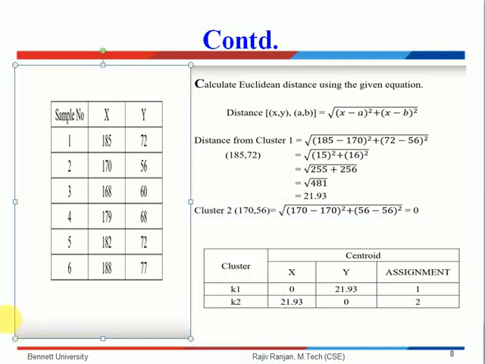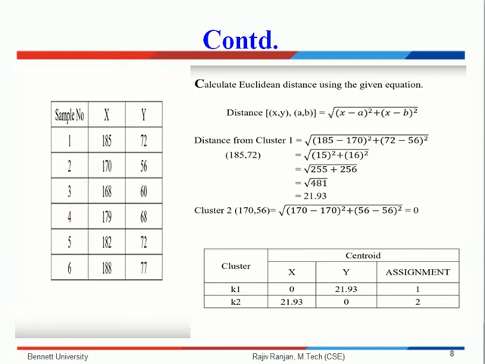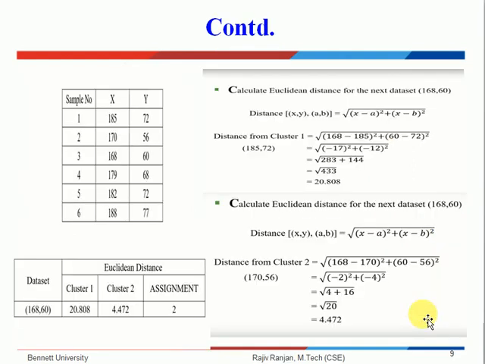So we will find the situation of all this data and define whether the object belongs to cluster 1 or cluster 2. As per that situation we put the value of 1 and 2. So let's do the computation for the next data.